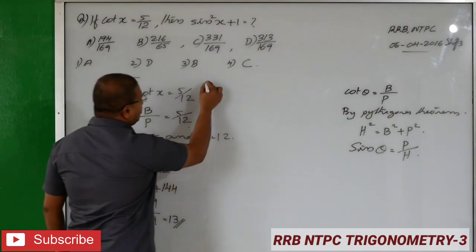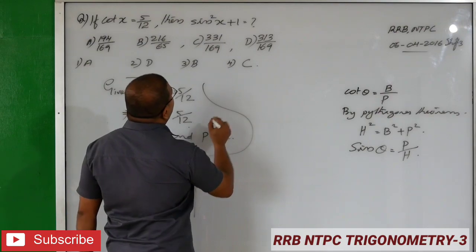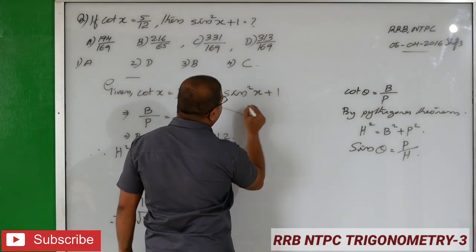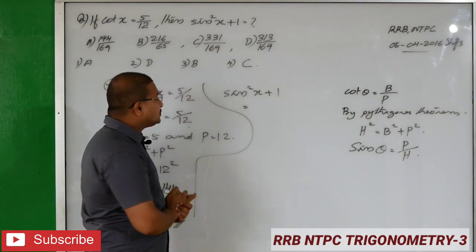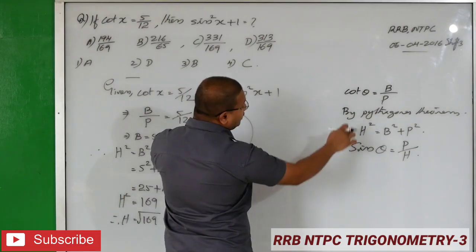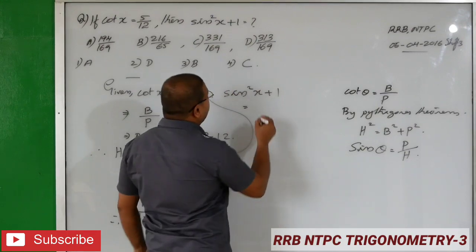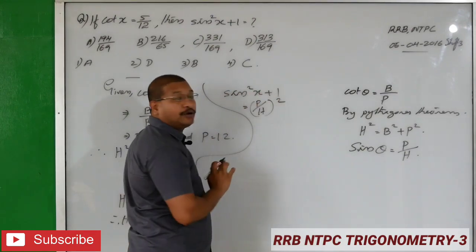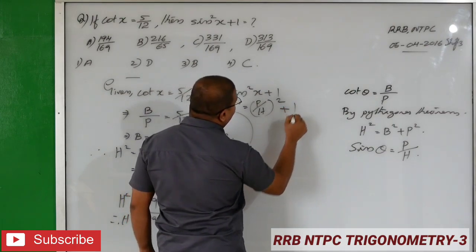Now what will you do? What do we want to find out? We want the value of sine square x plus 1. What is sine theta? Perpendicular by hypotenuse. That means perpendicular by hypotenuse, the whole square, plus 1.